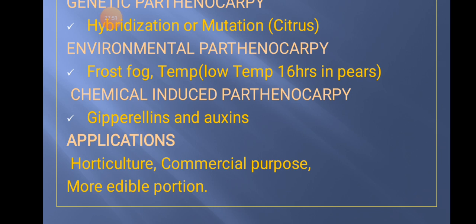In parthenocarpic fruits, the seeds are not there, whereas otherwise we would have to remove the seeds one by one. With more edible parts, we can get more and more, so that is also important. Then jam, jellies, and many other purposes, for which we are using parthenocarpic fruits artificially.